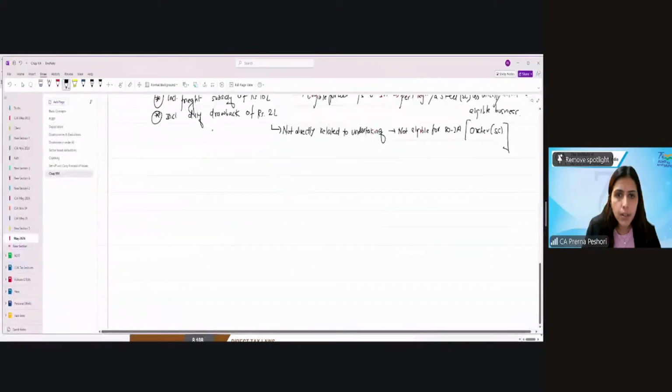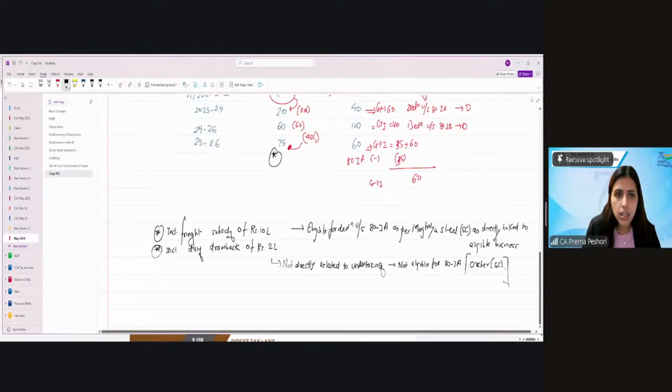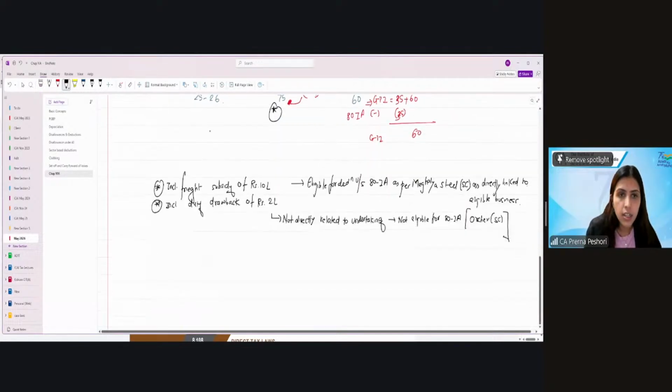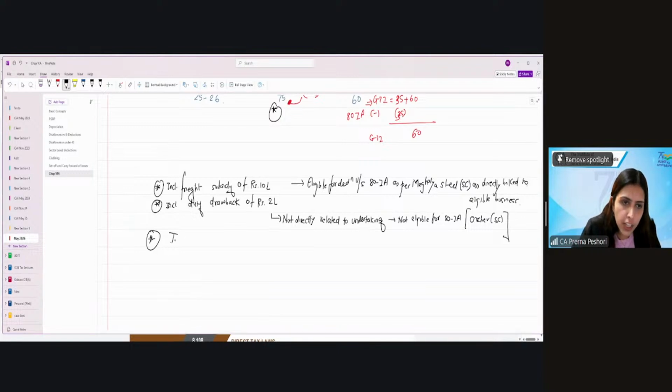Let us say, for example, here the 75 includes the expenses in relation to consultancy fee of rupees 1 lakh on which TDS is not deducted under section 40A, under section 194J.